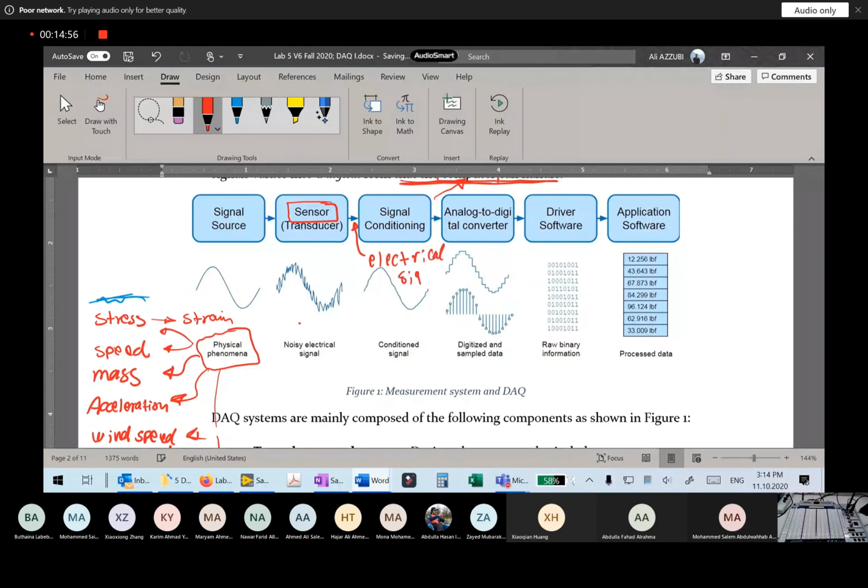Now this electrical signal often contains some noise, and there are many defects in this signal.